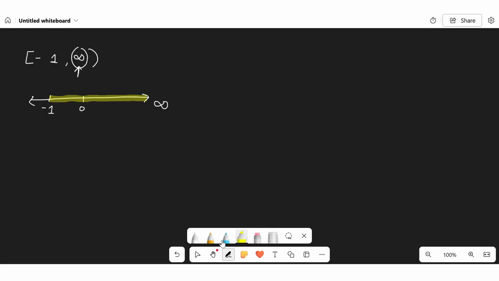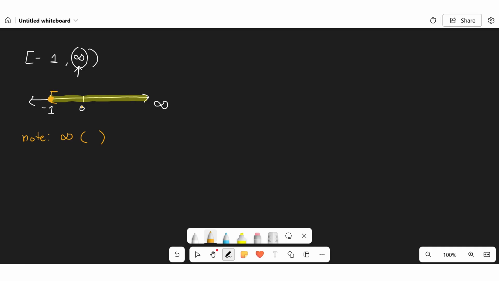But something interesting is that you should note this down. Note this, that infinity, now we ask the question, can we include infinity? All right, let's look over here, right? We have -1, which will be included.